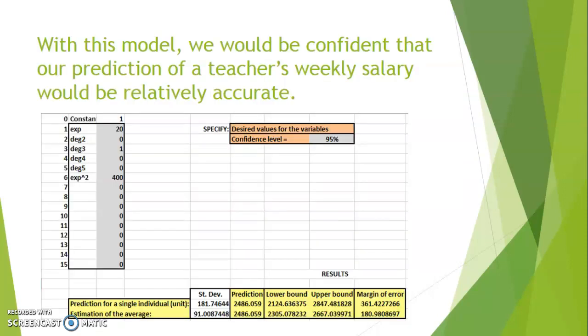To actually calculate a predicted value for a teacher's salary, you can use the predictor worksheet and incorporate the values you want to assign to the different variables themselves. So an employee that has 20 years of experience means that their experience square is 400.